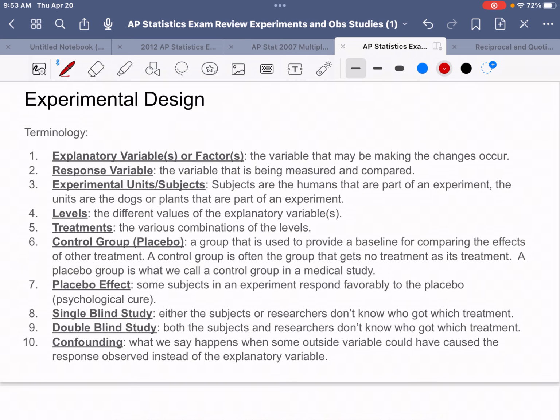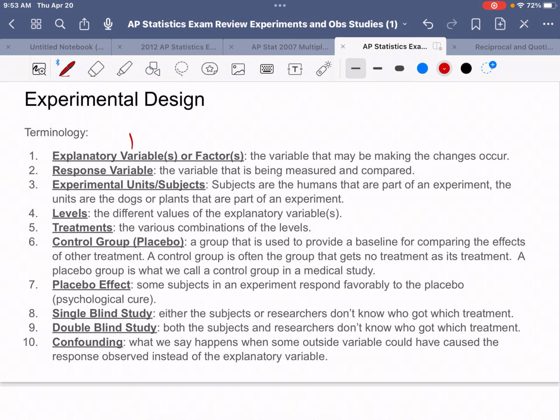Experimental units and subjects. Subjects are the humans that are taking part in an experiment, and units are dogs or plants, etc., that are part of an experiment. Levels are the different values of the explanatory variable.